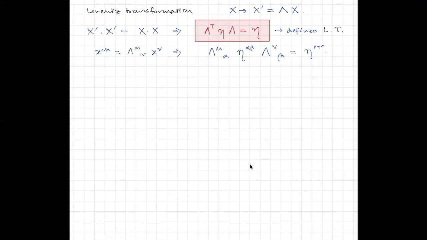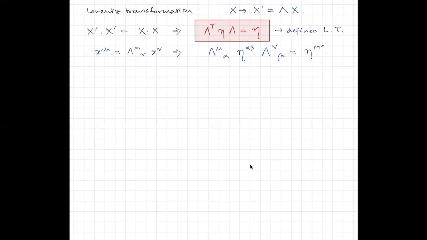Therefore, the right hand side also has to be symmetric, right? So this is a matrix equation that is a symmetric equation. Okay. So that means this gives you 10 separate equations.